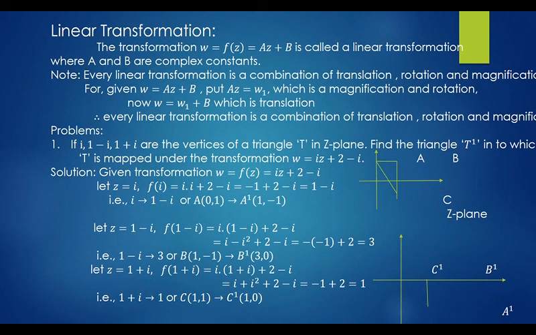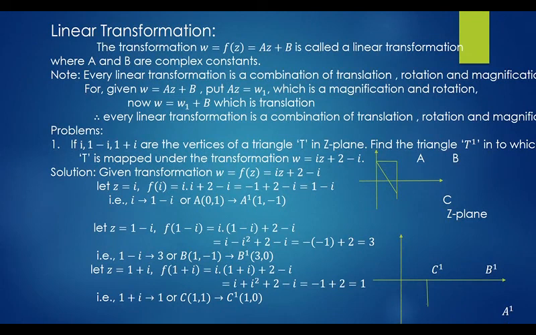So i changes to 1 minus i, whose coordinates are 1 comma minus 1. That means the vertex 0 comma 1 in the Z plane has transformed to 1 comma minus 1 in the W plane.